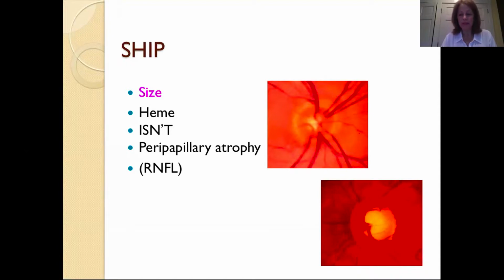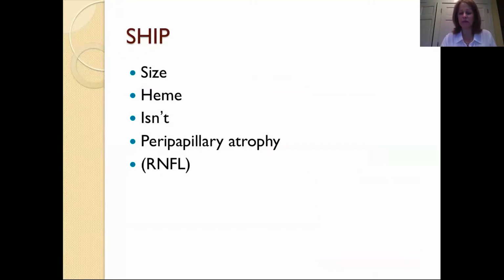I'm going to shine my light in, and oh, my light covers the whole disc. So if it covers the whole disc, that disc is small. I bring my light here, and that disc is quite a bit larger than my spot of light, and that's a large disc. So right off the bat, I know that I have a small disc here and a large disc here. So again, with the 5-degree spot of light on most ophthalmoscopes, the optic disc should just be a little bit bigger.